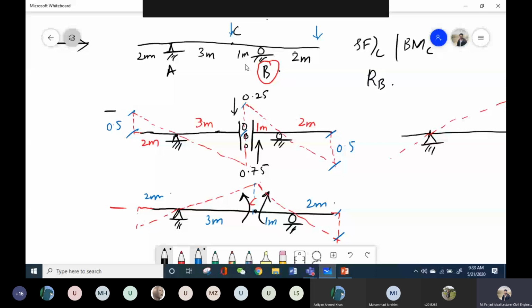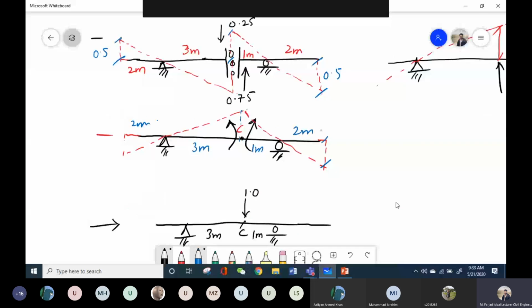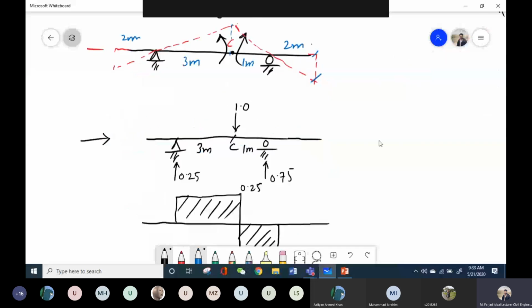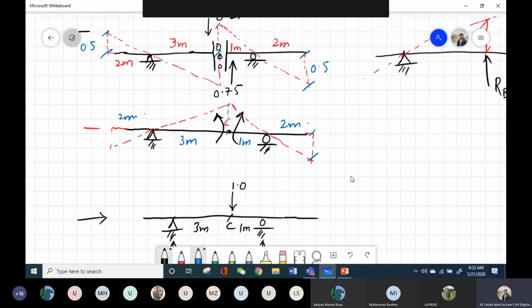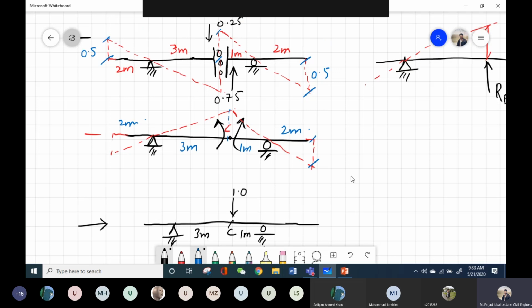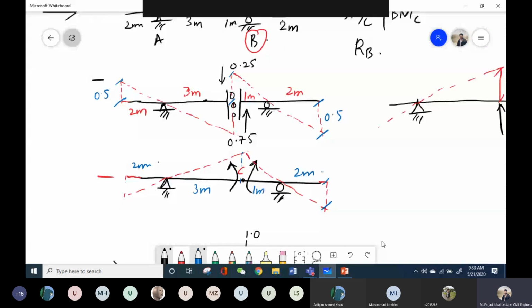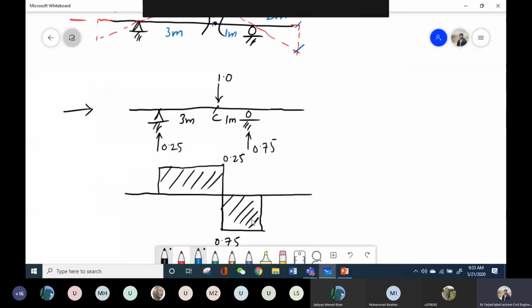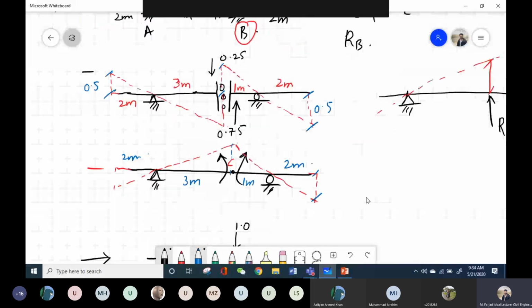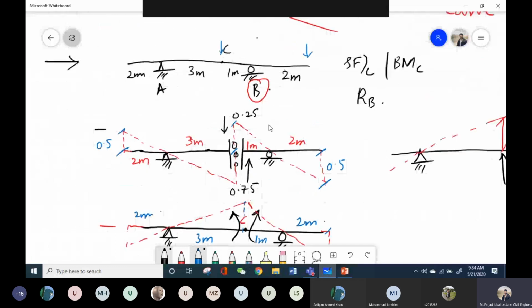I basically plotted a simple shear force diagram by placing my load at point C. My shear force at point C will be the same as this ordinate of ILD for point C. So I got these values 0.25 and 0.75 for shear force at point C, and I will simply place this value for the shape of ILD at point C, because these two represent the similar thing. Did you understand my point?